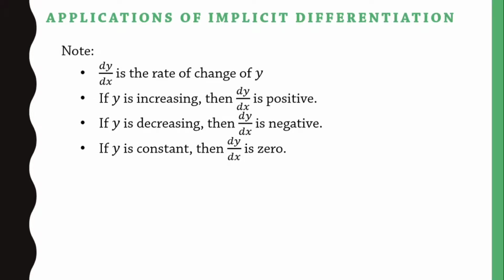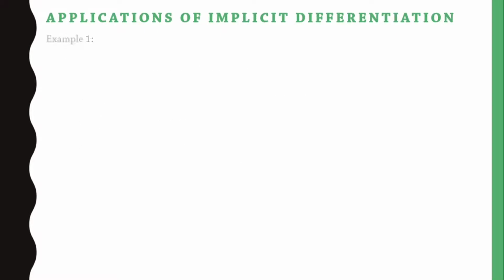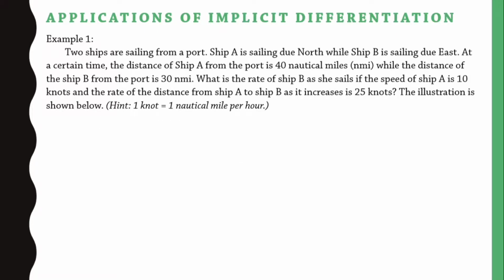Now, here are some applications of implicit differentiation. Example 1. Two ships are sailing from a port. Ship A is sailing due north, while ship B is sailing due east. At a certain time, the distance of ship A from the port is 40 nautical miles, while the distance of ship B from the port is 30 nautical miles.